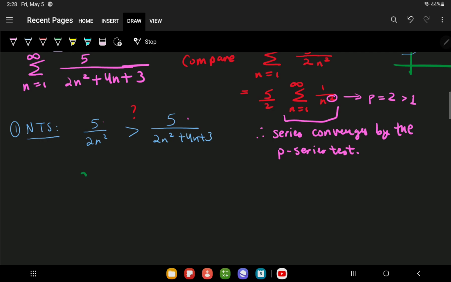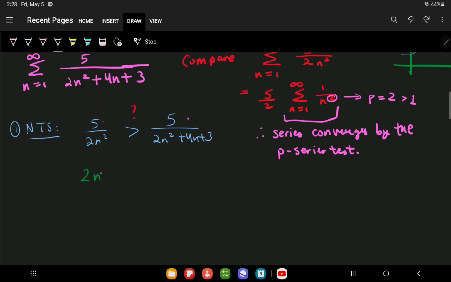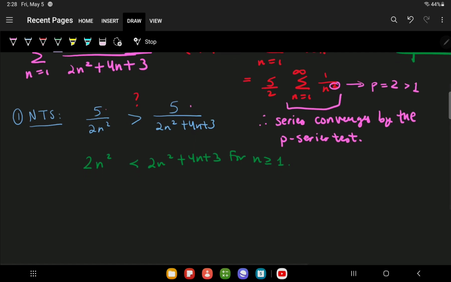One thing we know, if we just compare the denominators, is that 2n squared is less than 2n squared plus 4n plus 3, because we are always dealing with positive n, specifically n greater than 1. Well, if everything is positive, then we can flip it over and the sign changes.